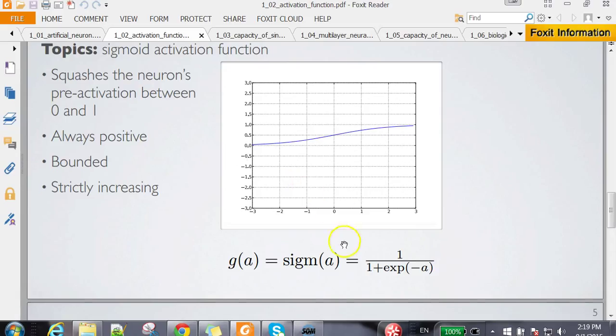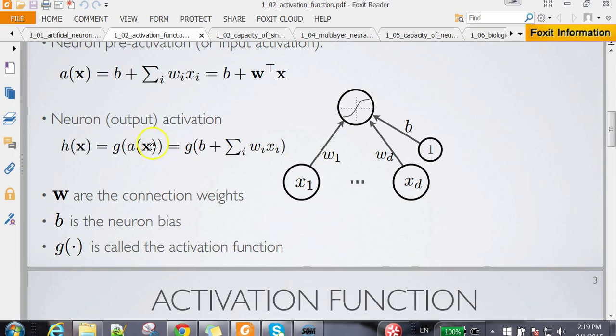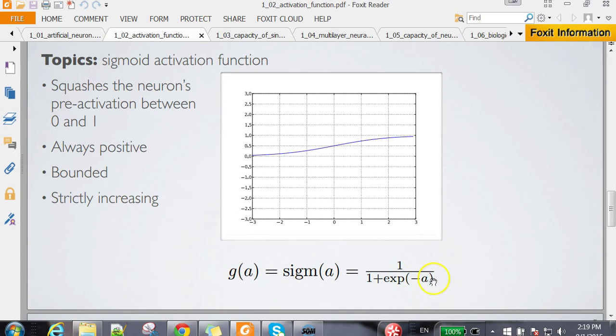So just to reiterate, A is the pre-activation input. It's what's going inside, and we're taking that and putting it into this sigmoid function, which means we're putting it in here. Now, you should be clear that this is never negative. Even though there's a negative sign here, that's negative in the exponent of the e. This is e to the minus a. That doesn't make it negative. You should check that and make sure you know that.